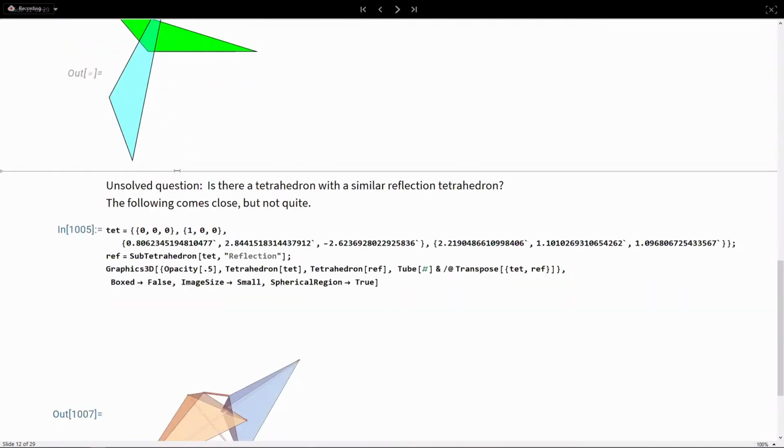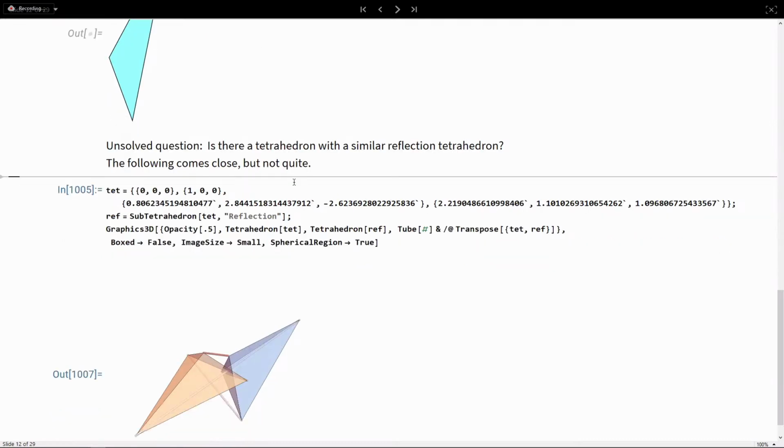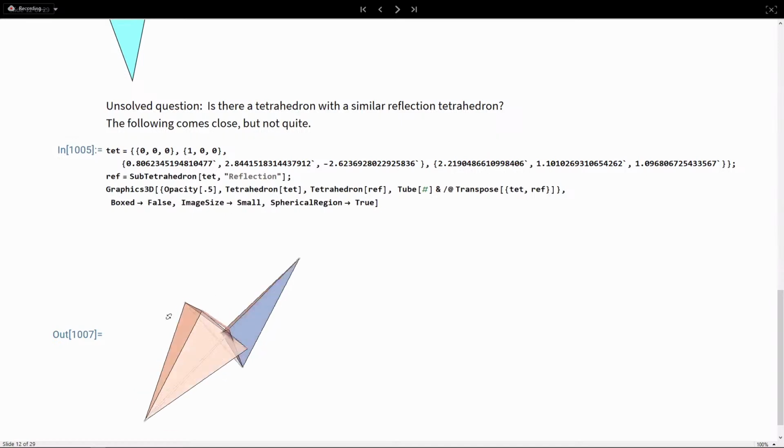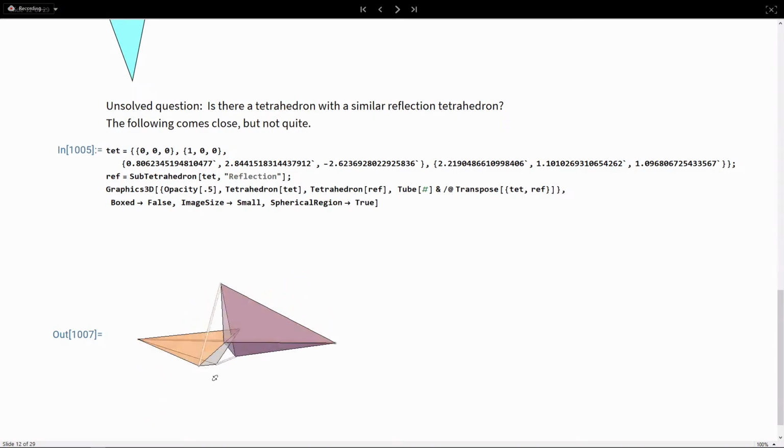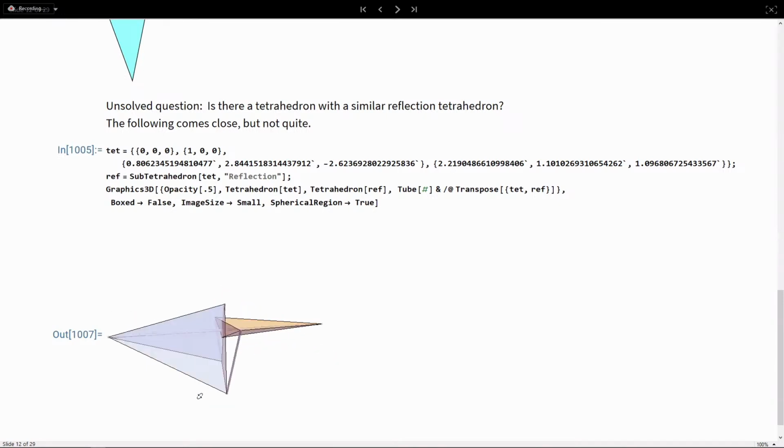And an unsolved question is: is there a tetrahedron that has a similar reflection tetrahedron? I only spent about an hour trying to solve this, and this is the best I got. This is 0.009 away from being similar to each other.